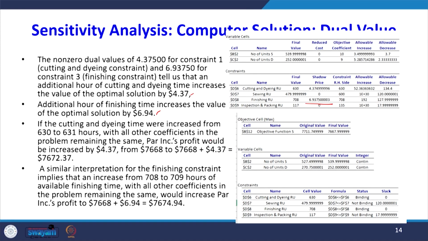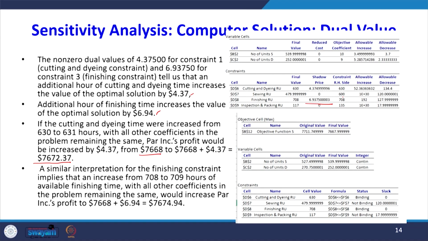Then the profit would increase by 4.37, that is, from 7,668 to $7,672.37. A similar interpretation for the finishing constraint applies: an increase from 708 to 709.